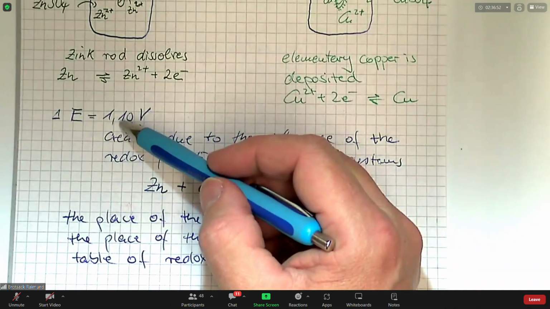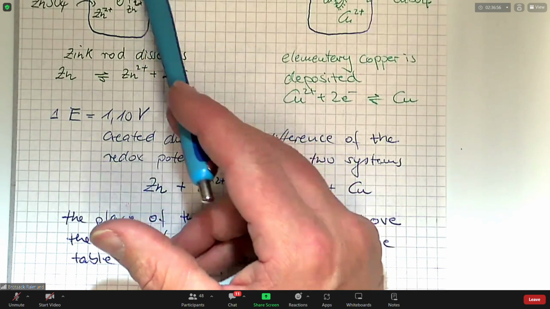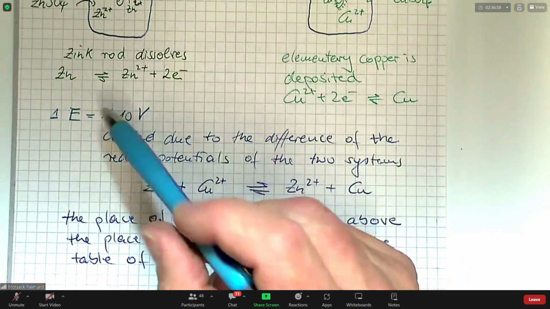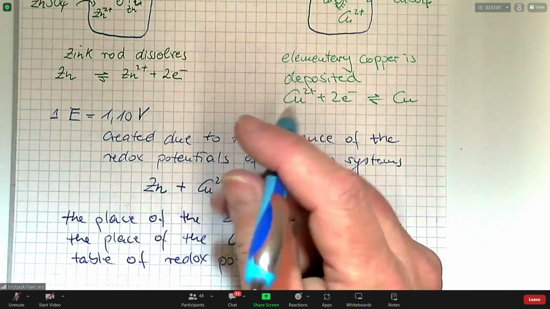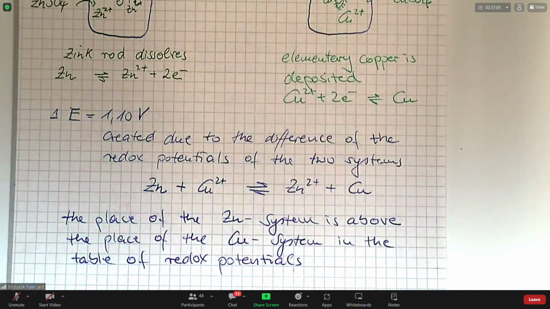In this case, it's a plus. The reaction, or what is the question? Here it is in this way, the delta is plus 1.1. I don't understand the question. Copper minus zinc.